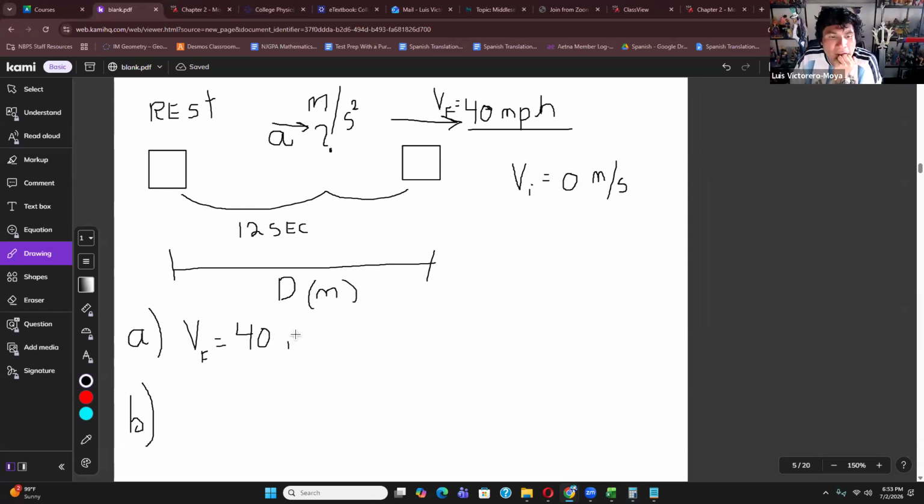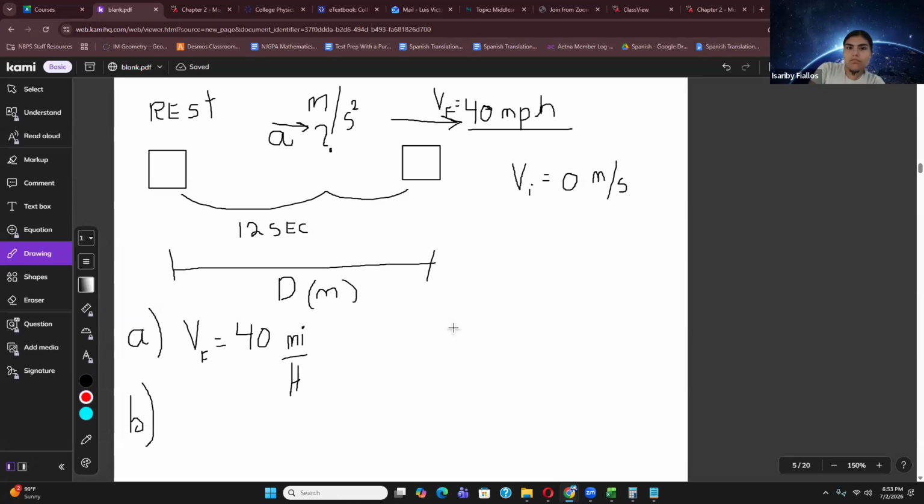So you have to convert miles per hour to meters per second. How do you convert this to meters per second? Multiply by 5/18. Yes, but you have to convert this first from miles per hour to kilometers per hour.